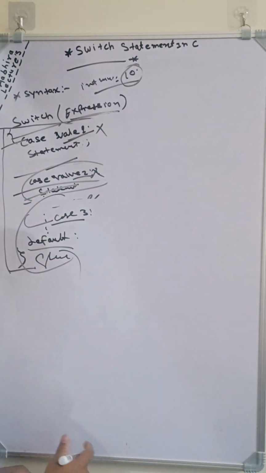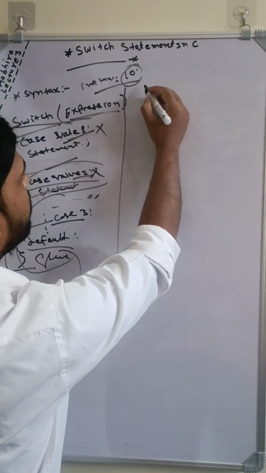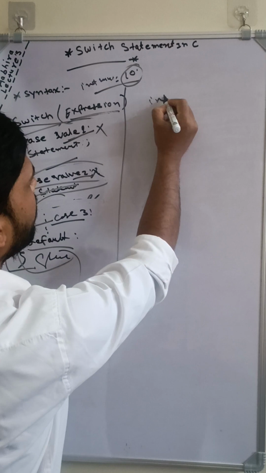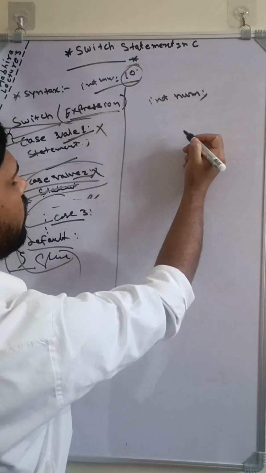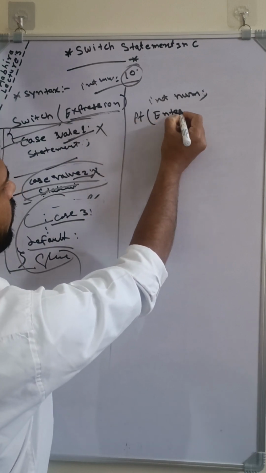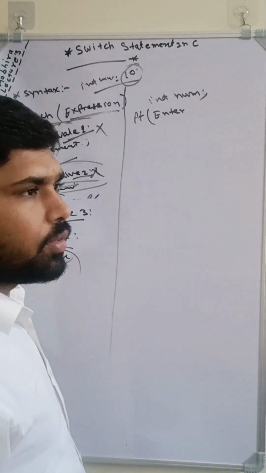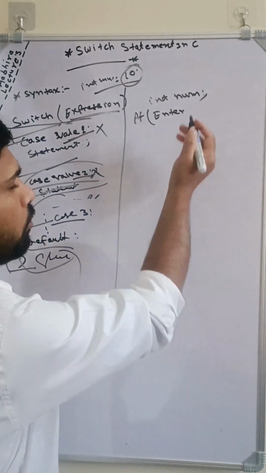So we will take an example. Write num. You can assign the values, but I will take it from the user. Print. And in switch we can write an integer and also a char, a character also. We will see both.